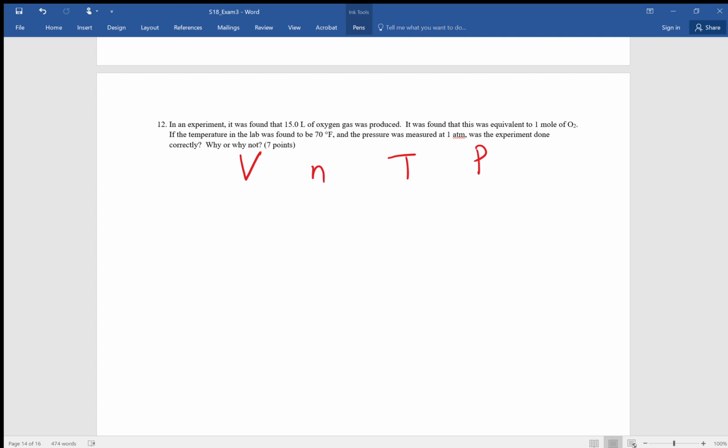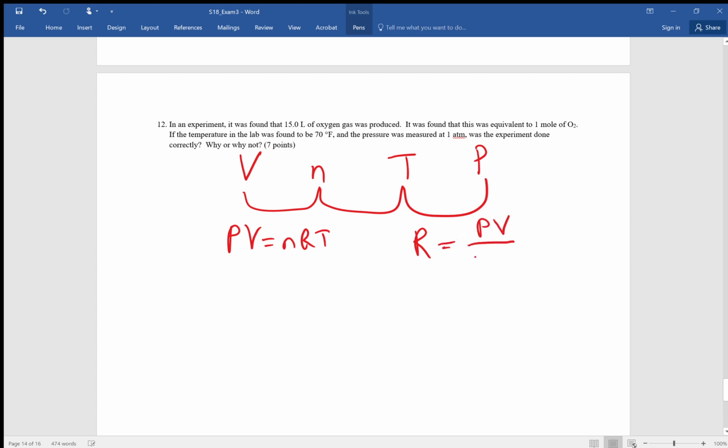And so I'm going to use these 4 determined values to calculate a value of R. So we can rearrange our ideal gas law by dividing by moles and dividing by temperature, and we find that R is equal to PV over NT.